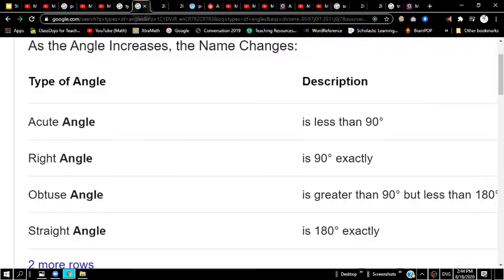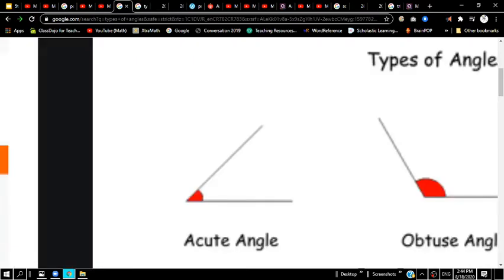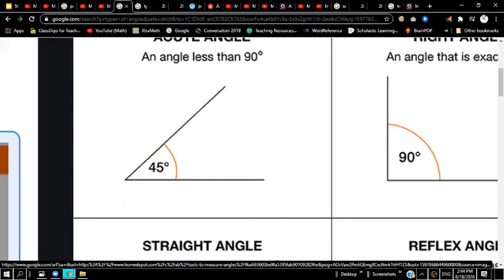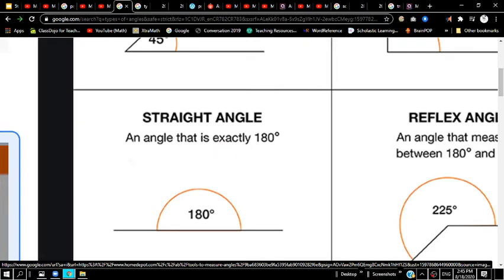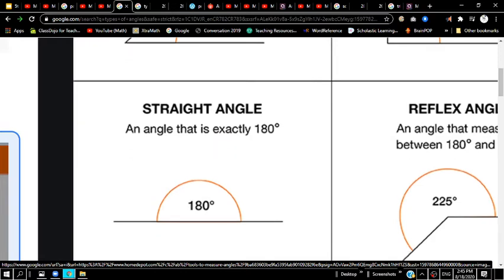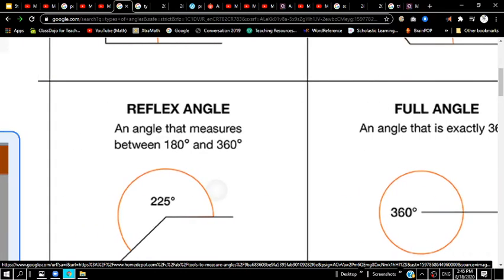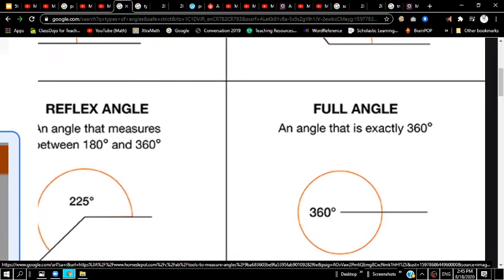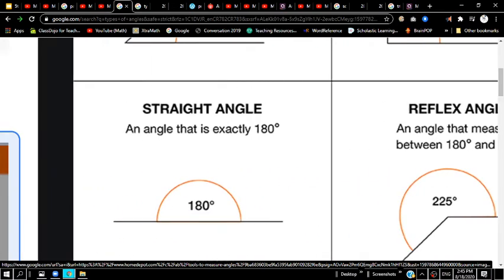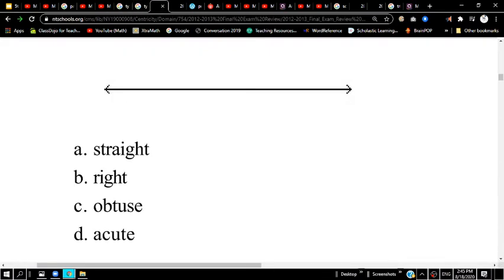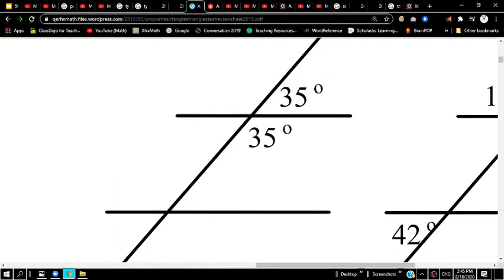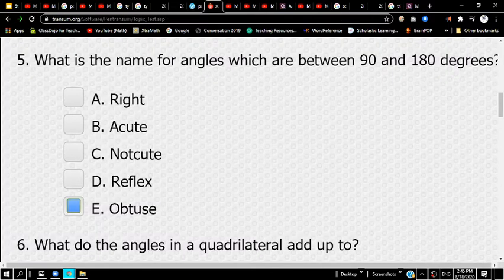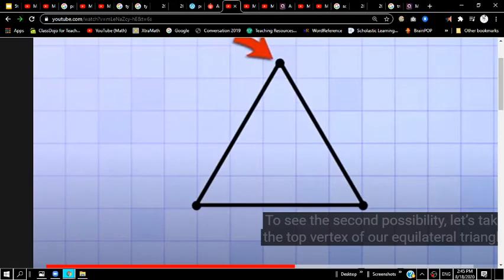Let me just look back to make sure that that is correct. We had a couple more. Let me see. Exactly 180 is straight. Reflex would be between 180 and 360. Okay, so this is an obtuse angle. Yeah, it'd be an obtuse angle. Okay, let's take a look at another question.